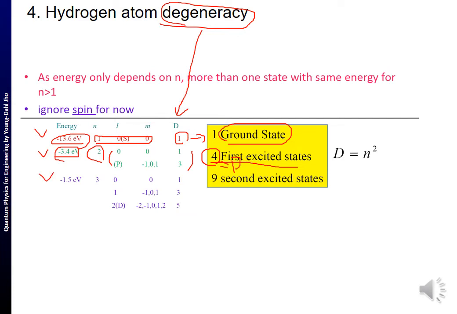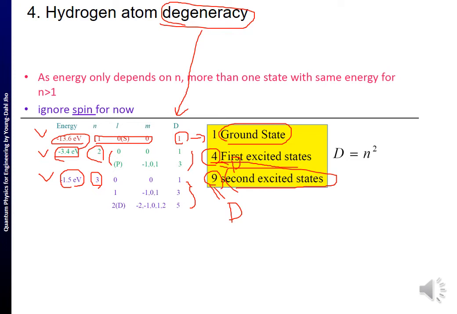For the second excited state, when n is 3, there are 9 different states sharing the same energy, and we have D equal to 9.